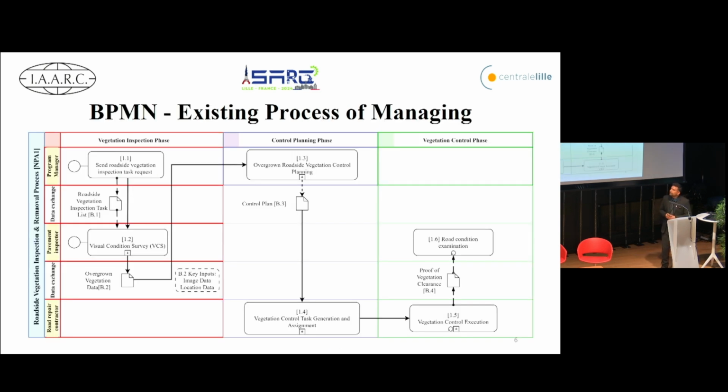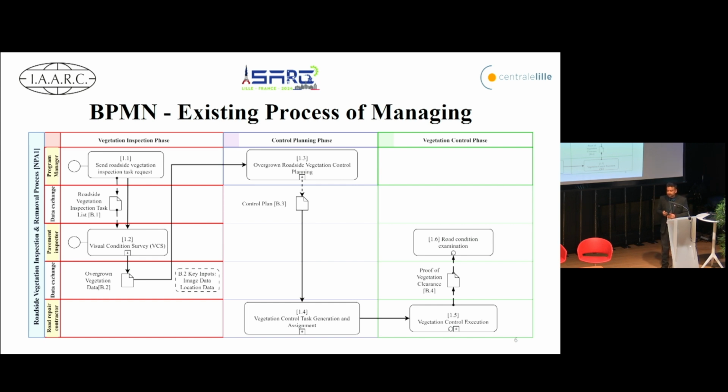BPMN, also known as Business Process Modeling and Notation, has been used to establish the existing process of managing roadside vegetation. This study is in the context of National Highways UK. In the existing process, you can see the people who contribute to the process in the rows and the phases in the columns. We have the road inspector, the program manager, and the road repair contractor.